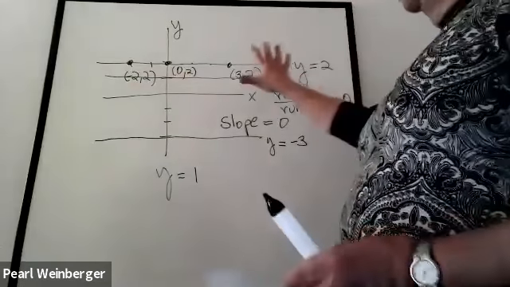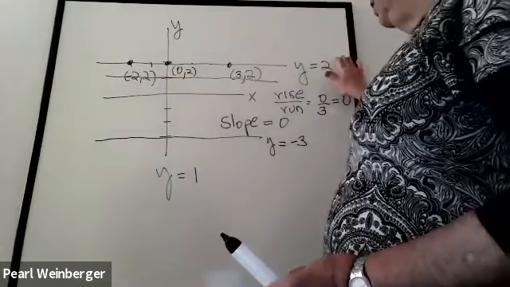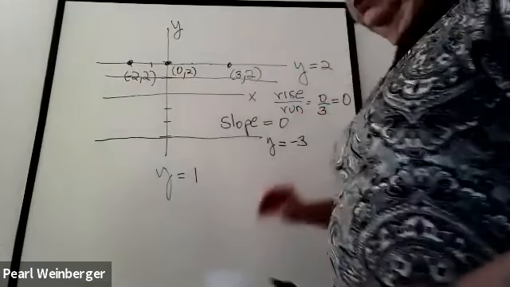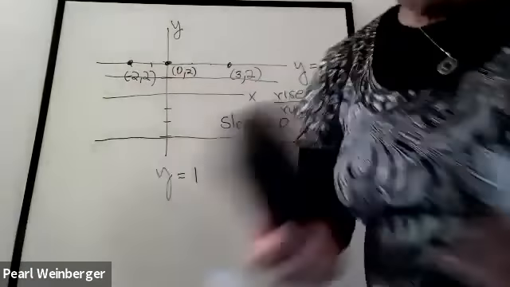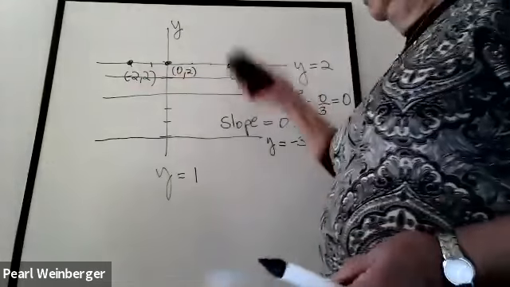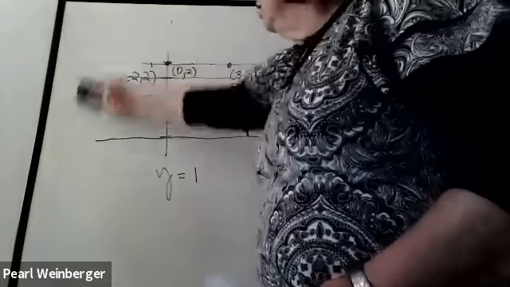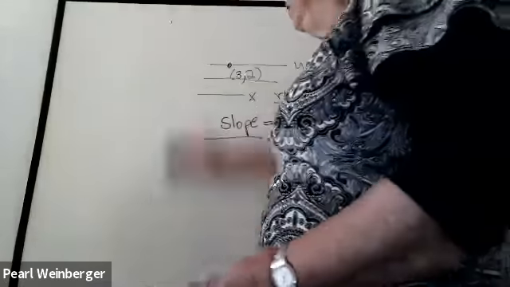So horizontal lines, y equals a number, the slope is equal to 0. Let's talk about vertical lines, because that's the other special type of line.